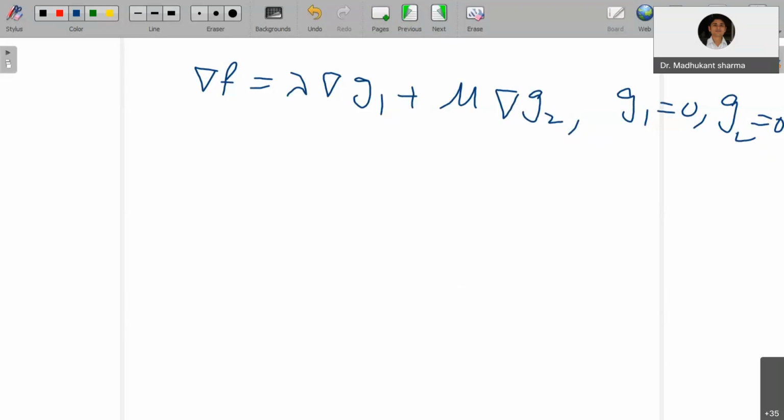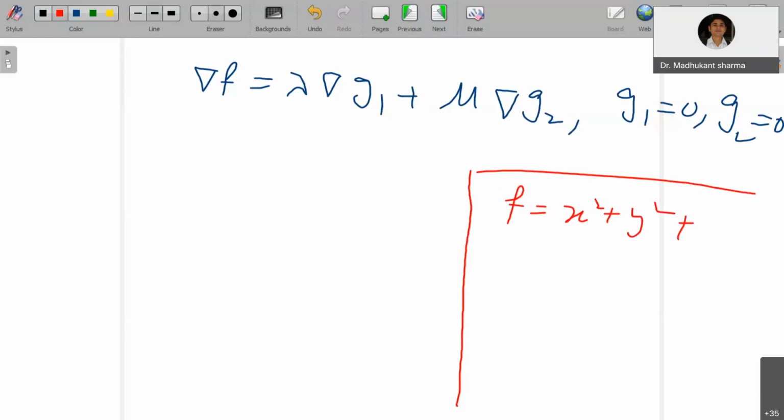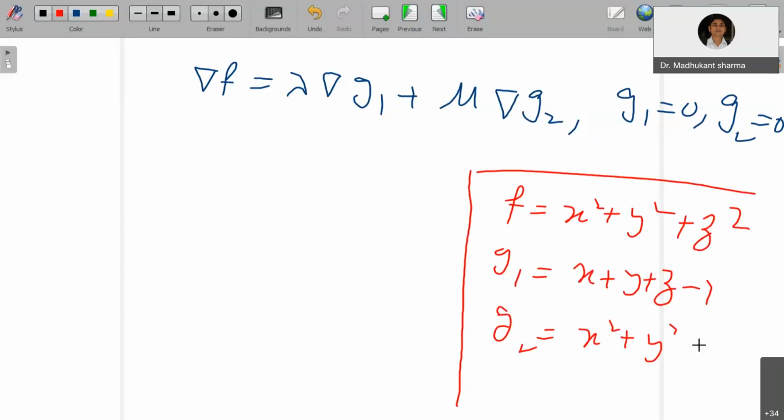So I can write f equals x squared plus y squared plus z squared, G1 equals x plus y plus z minus 1, G2 equals x squared plus y squared minus 1 equals 0.